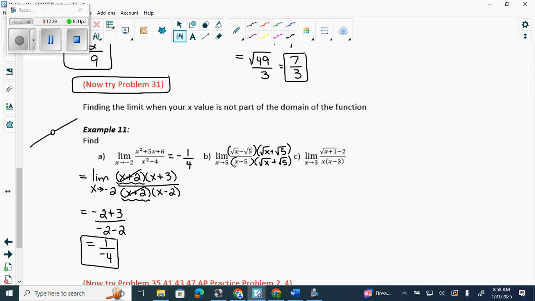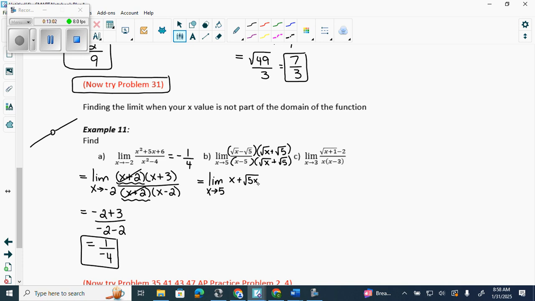So in my next step, I'm still going to write the limit as x approaches 5, because I have not substituted in the 5. Until I substitute in, that limit's got to run along. The conjugates I will multiply. So I'm going to get root x times root x, which is x. Root x times root 5 is positive root 5x.